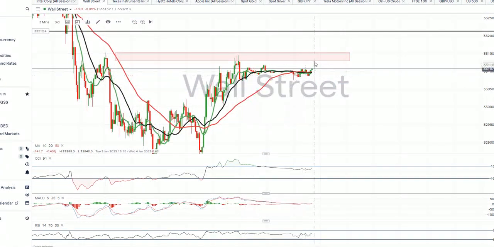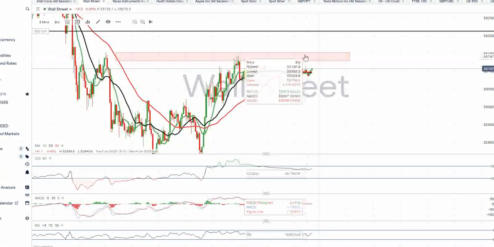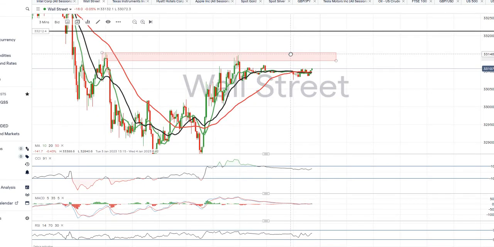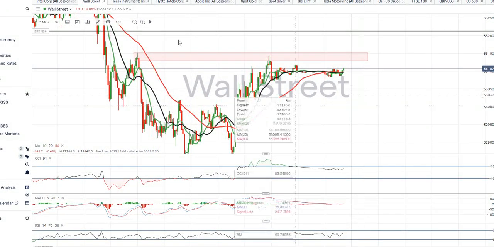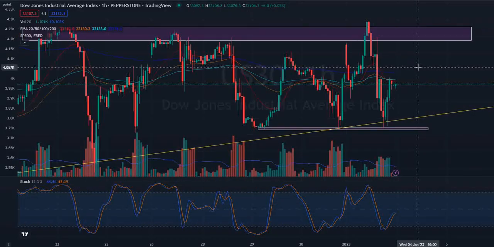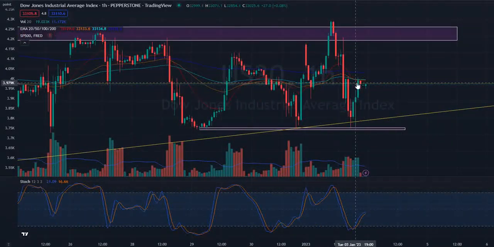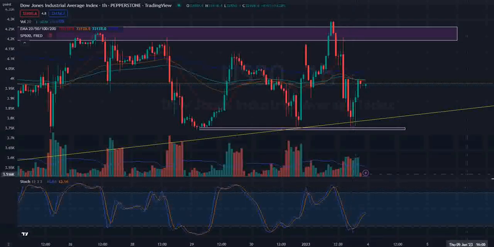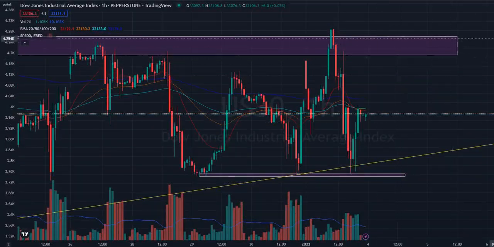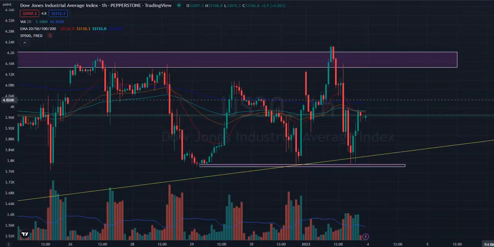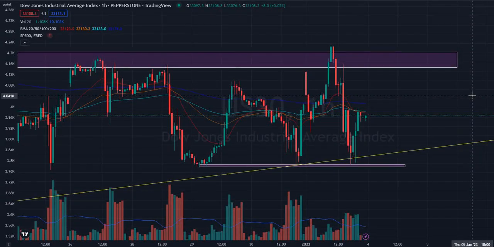We're going to get rejected or break through. That's what we want to see. Same thing here in this particular case, scalping. Okay, so this is what we're going to be looking for. Hopefully this will help you out.